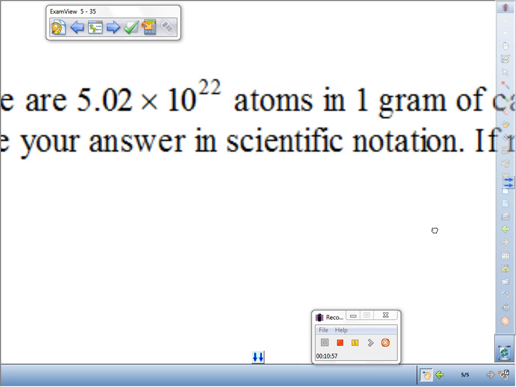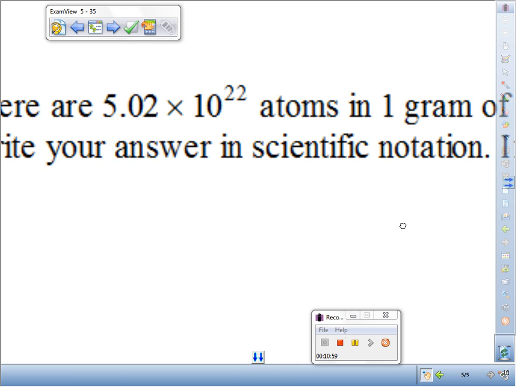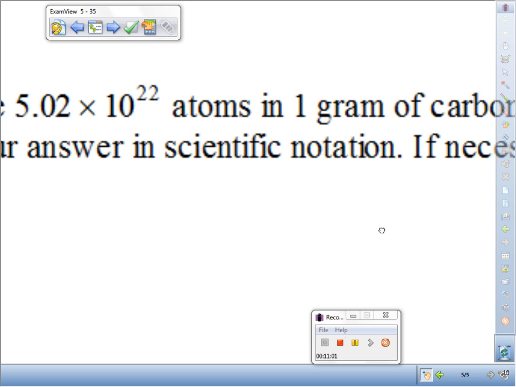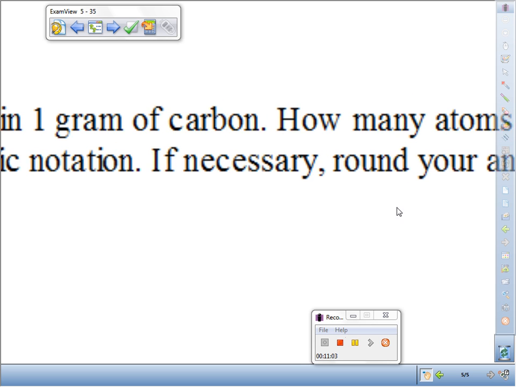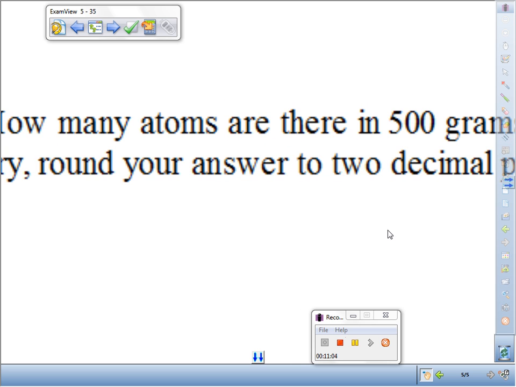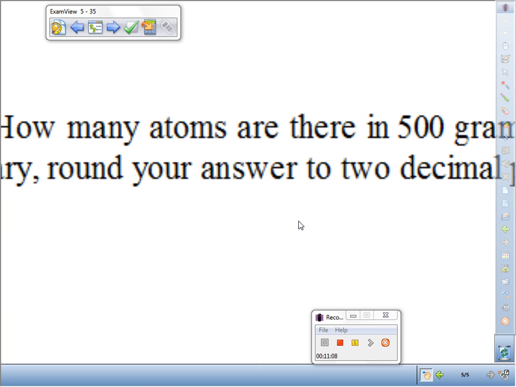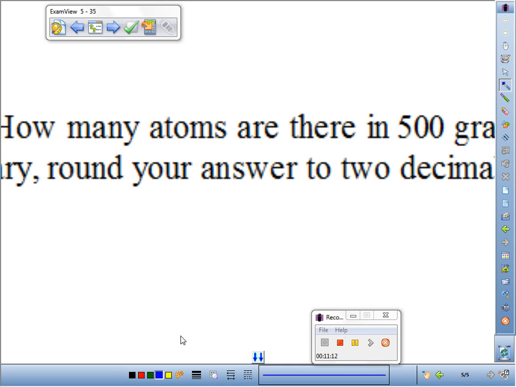Scientific notation. So there are 5.02 times 10 to the 22nd atoms in 1 gram. But here they want us to find out how many in 500 grams. So it's kind of like this. Look up, please. Let's say, how much is it to buy 2 Jack in the Box tacos? $1.07, something like that, right?